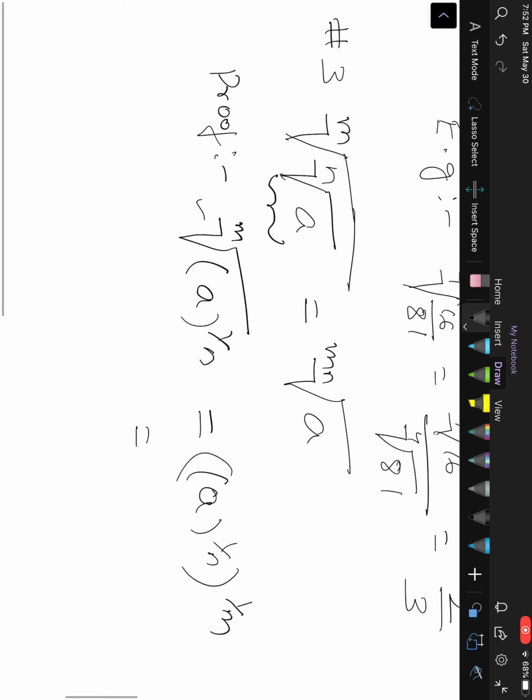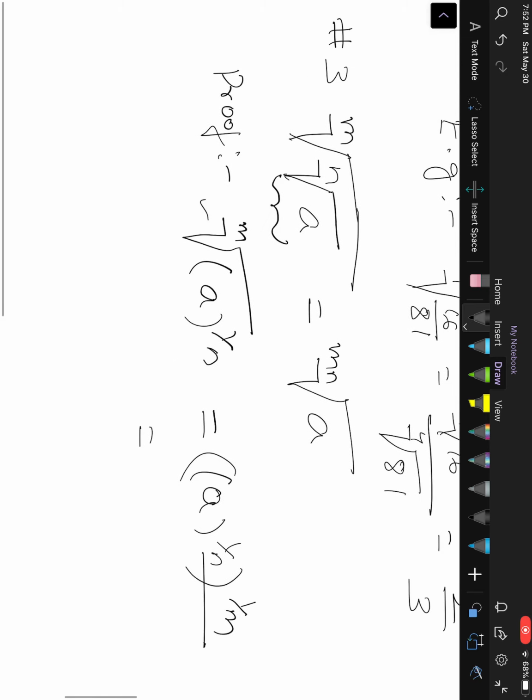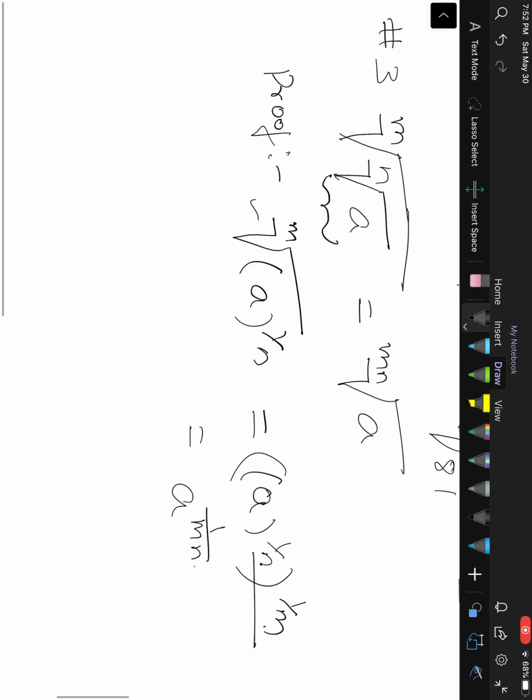Then using the rules of exponents, we can multiply them, a to the power of 1 by mn. Now you may be wondering how nm became mn, because real numbers satisfy the commutative property under multiplication. nm is equal to mn, so it doesn't matter. So this can be written again using the definition. It is the mn-th root of a.